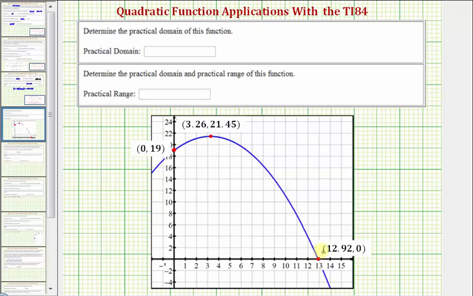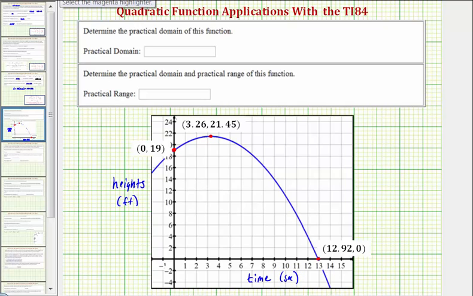The practical domain is the set of all possible inputs, which in this case would be all possible values of time, and the practical range is the set of all possible outputs, or in this case, all possible heights. Of course, this is in feet, and time is in seconds.